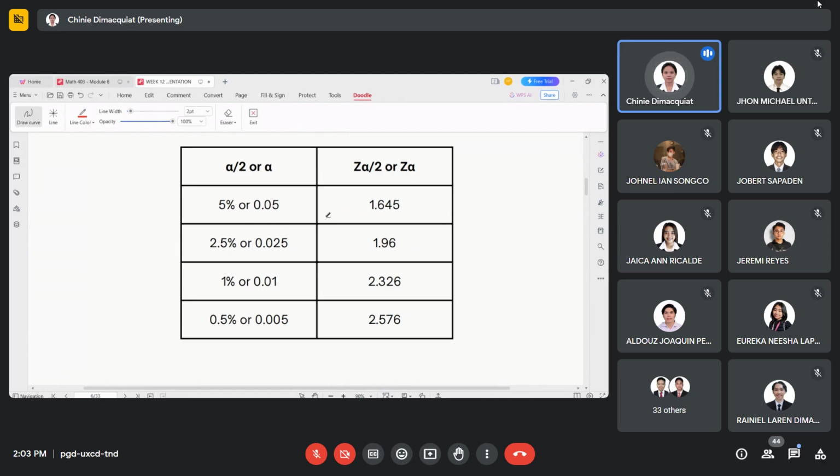So, kapag yung ating alpha over 2 ay 0.05, then yung corresponding z alpha over 2 natin ay 1.645. And kapag yung ating alpha ay 0.05, so ang corresponding z alpha natin ay 1.645. So, ganun lang din. Ayan. Stop natin.